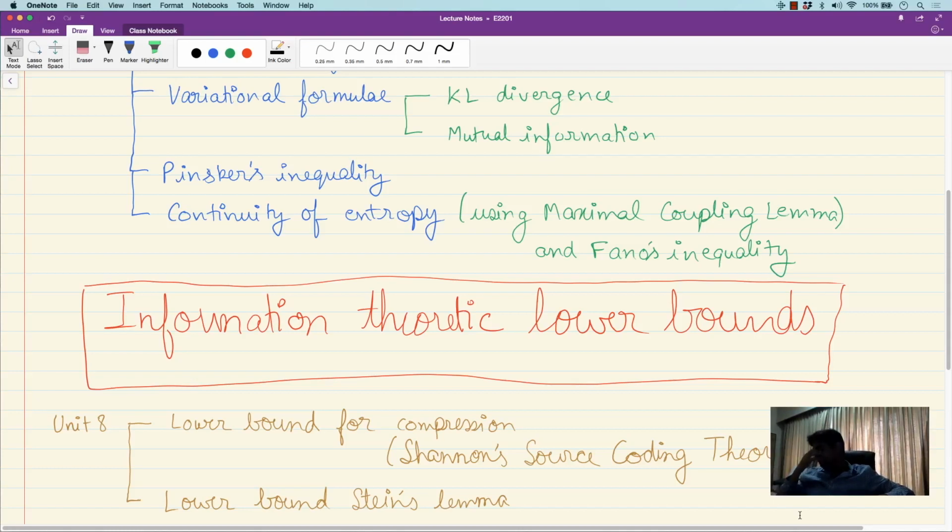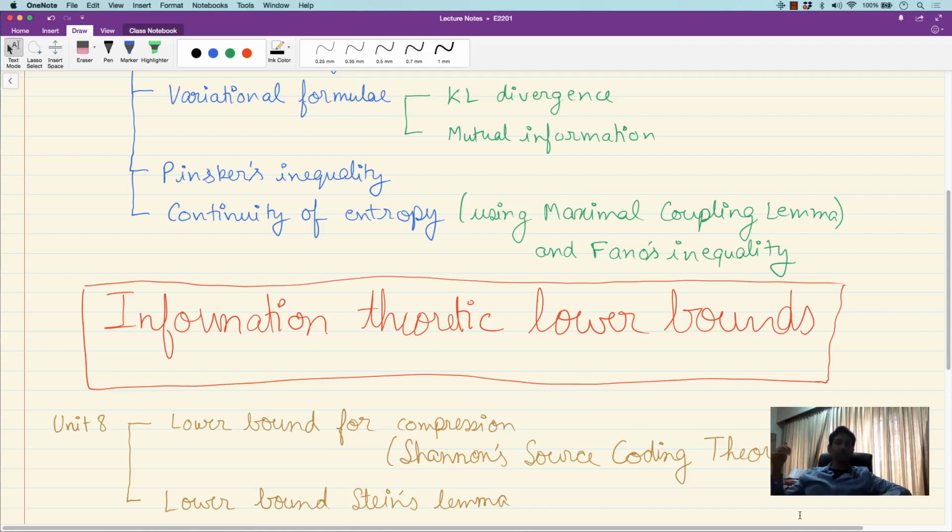Stein's lemma says that the probability of error of type 2, the missed detection probability, for vanishing probability of error of type 1, goes to 0 exponentially rapidly. So it is roughly 2 to the power minus n times some non-negative quantity, and that exponent is exactly equal to the Kullback-Leibler divergence between P and Q. That's what Stein's lemma says.